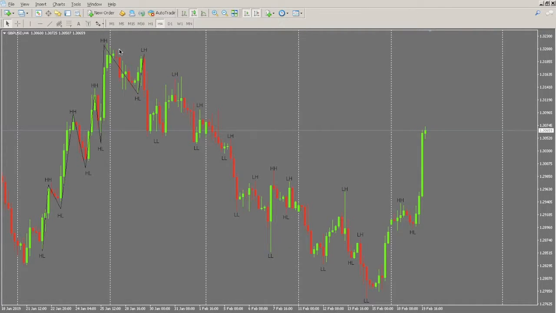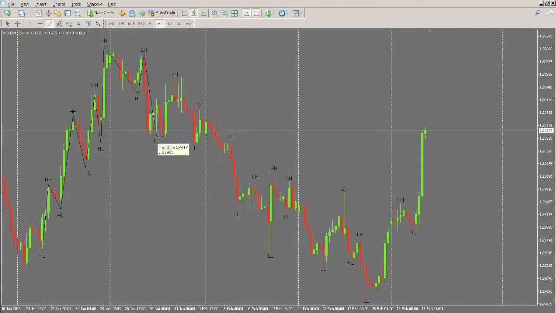That tells you that the buying power, or the power of the bulls, is getting weaker. This means that now the sellers are getting a little bit stronger, because it no longer formed a higher high.